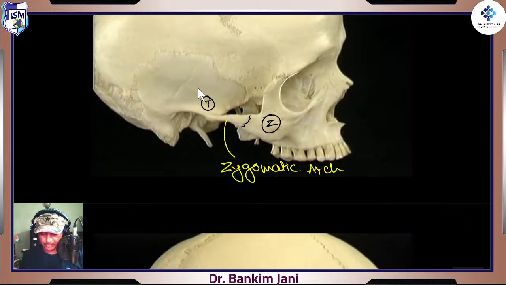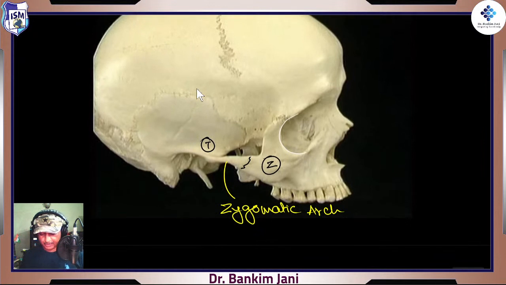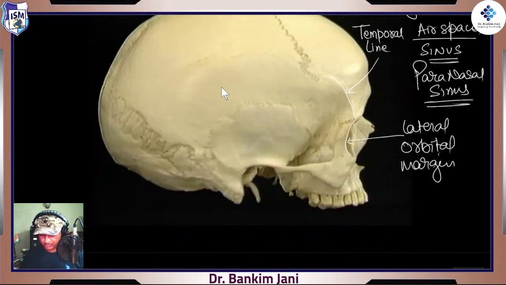This one, this is what I'm talking about. Lateral orbital margin, and over here there would be the temporal line, correct? And over here, that is the zygomatic arch, right? So coming back over here, this is the zygomatic arch.